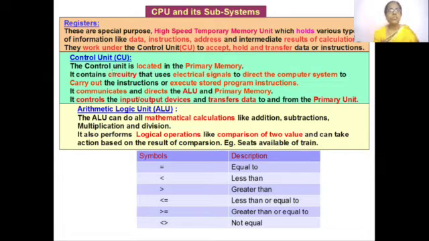It's like an instruction unit. Carrying out the instructions or executing stored program instructions, all this is directed by the control unit. It communicates with and directs the ALU and the primary memory also. It has to control the register, that is your MU, memory unit. The control unit controls even the arithmetic logic unit.